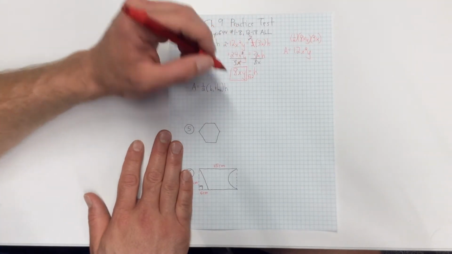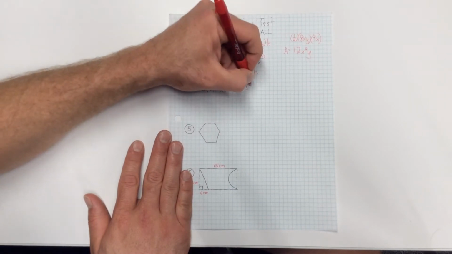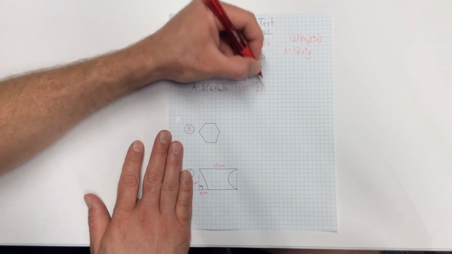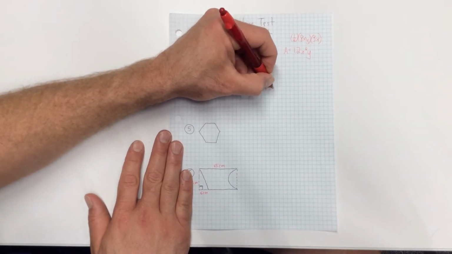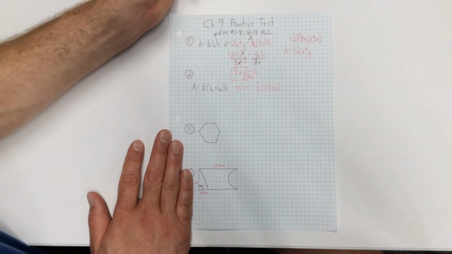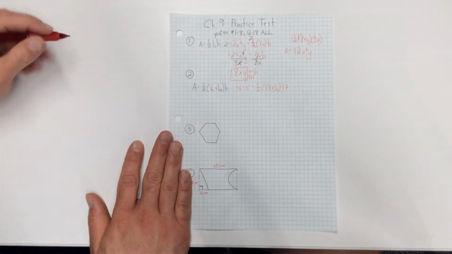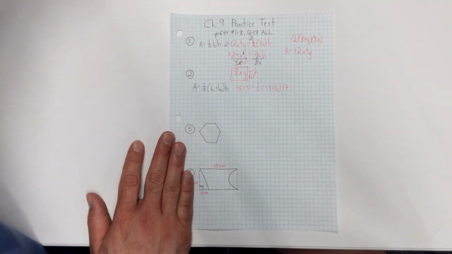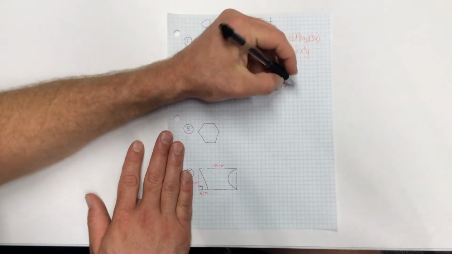So the area is 161.5 equals 1/2 times, and we have one of the bases. One of the bases is 13, and then we don't know the other base. And then our height is 17. So same exact problem, except now we don't have the variables to work our way through. So start again, first of all, with the half.